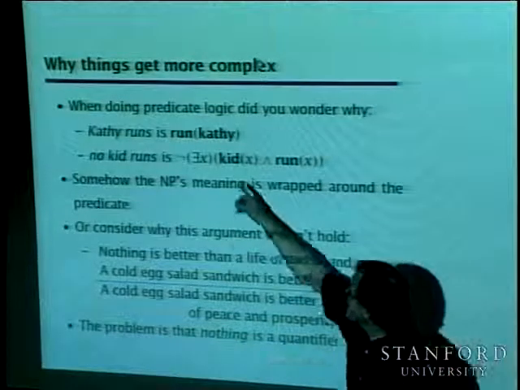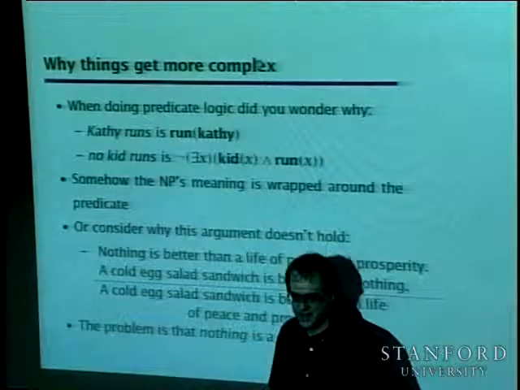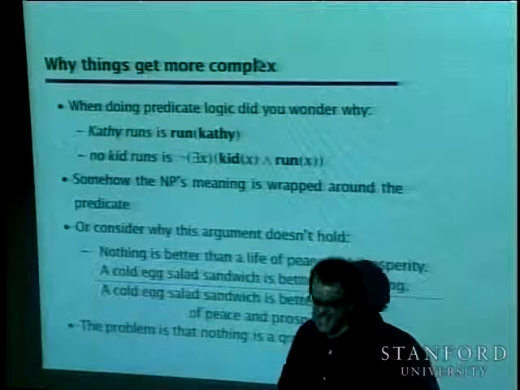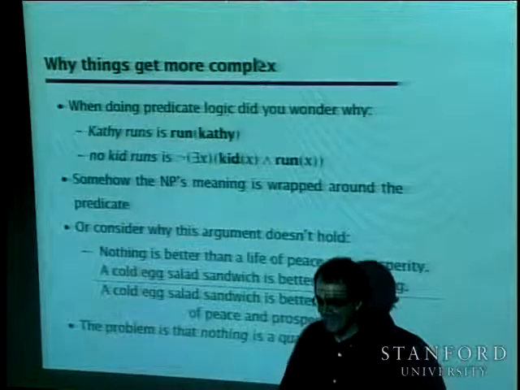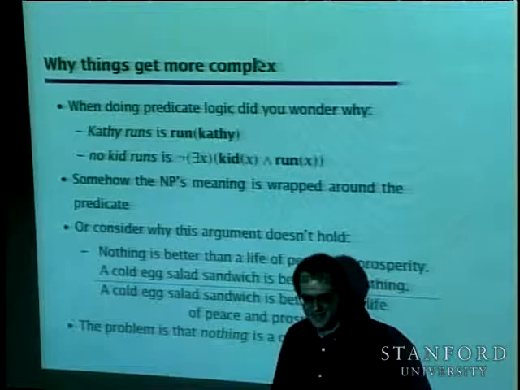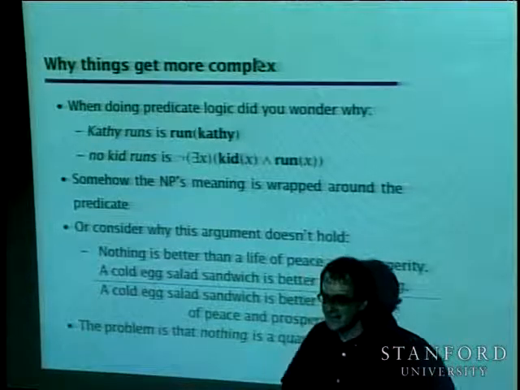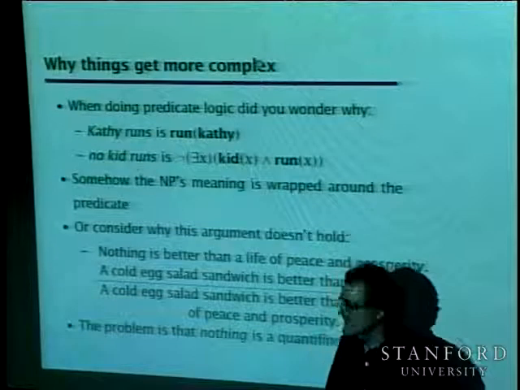Here the noun phrase subject was an argument of the verb, just like it seems to be in the syntax of the sentence. "Kathy runs," Kathy's an argument of running. Syntactically, this example doesn't seem any different. "No kid" is now the subject of "runs." Runs is a predicate, it's taken a subject, that's its argument.